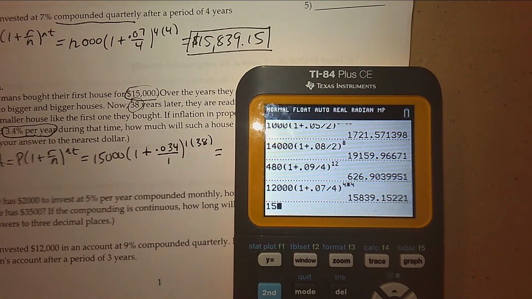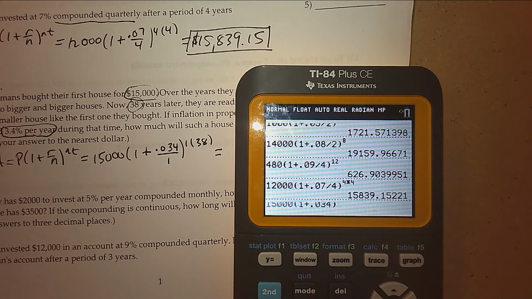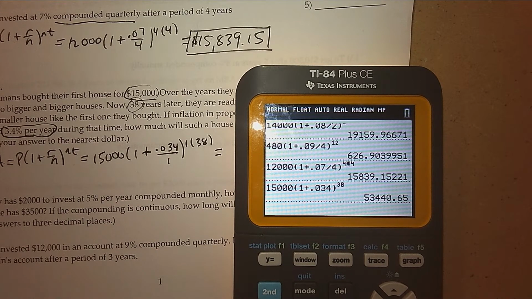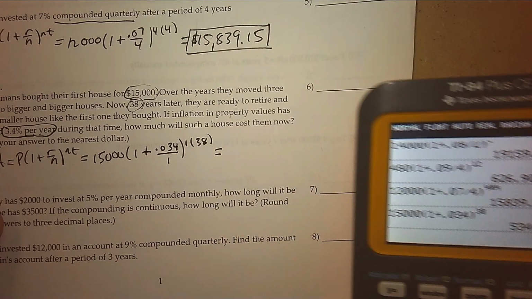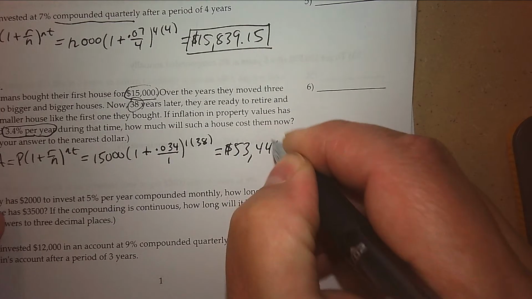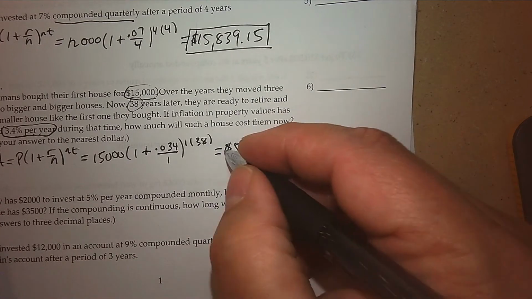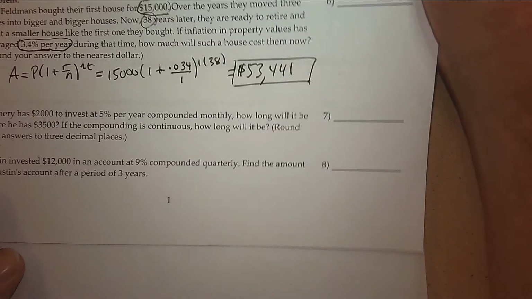So 15,000. 1 plus 0.034 divided by 1 doesn't change it. And then 1 times 38 is 38. And I get 53,441, just to the nearest dollar. So $53,441. That's how much the house would be worth now. Still a bargain. 7.